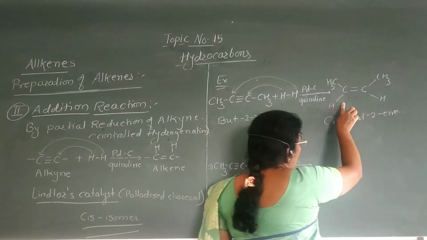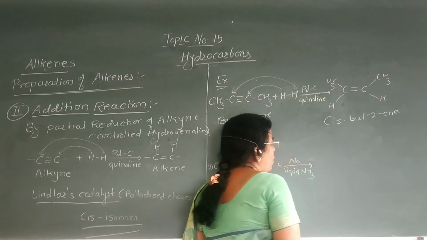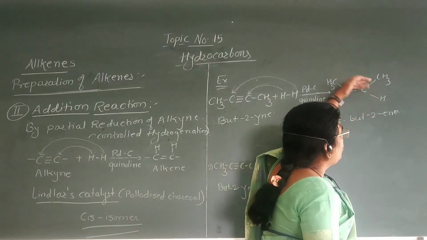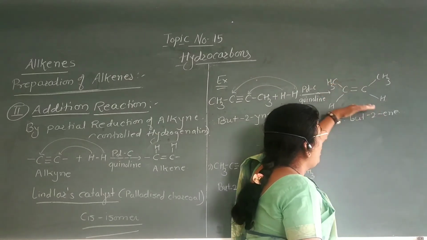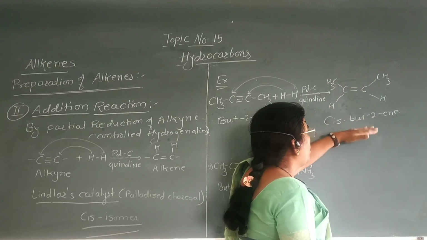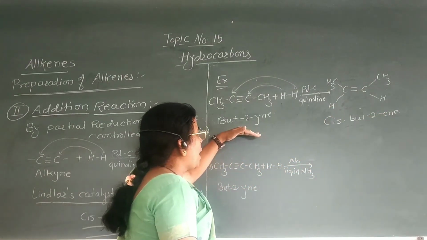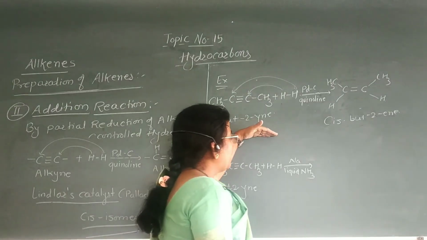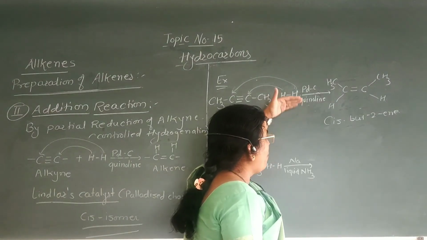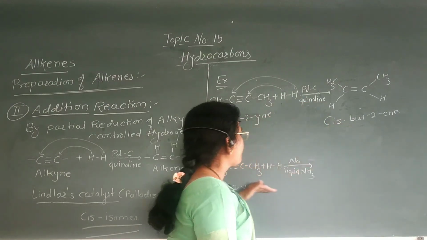This is the cis isomer since similar groups lie on the same side of the double bond. That is, this CH3 group lies on the same side of the double bond and this hydrogen lies on the same side of the double bond. Therefore, this is cis but-2-ene. That is, when an alkyne undergoes partial reduction in the presence of palladized charcoal and quinoline, it gives the cis isomer.